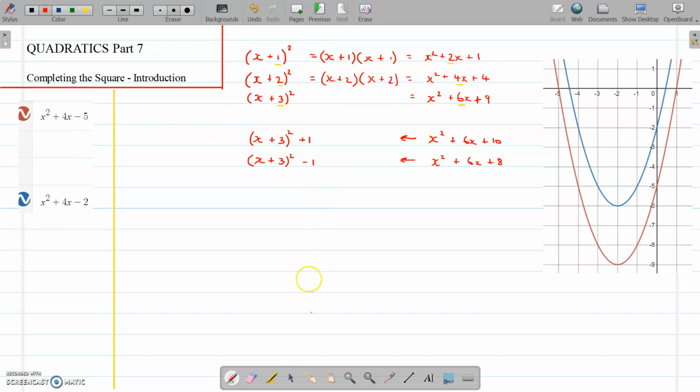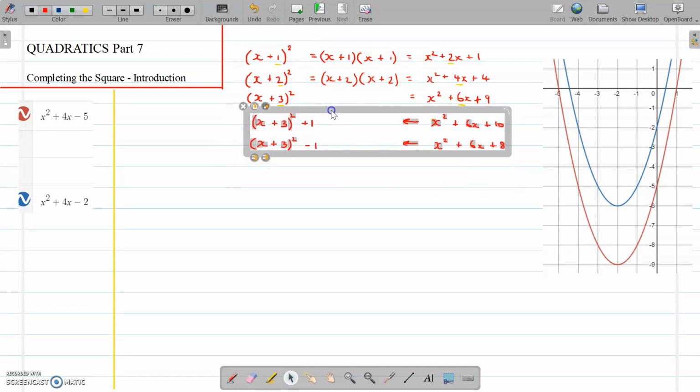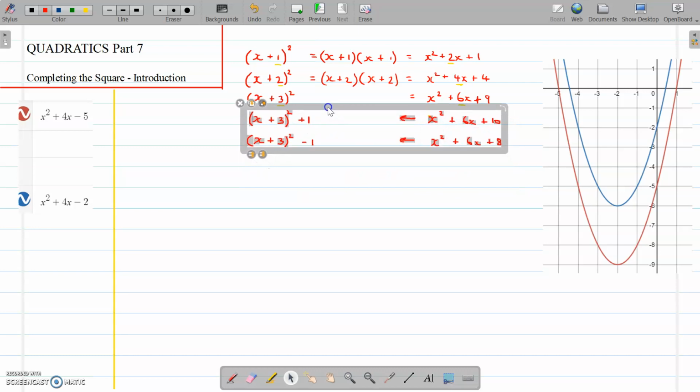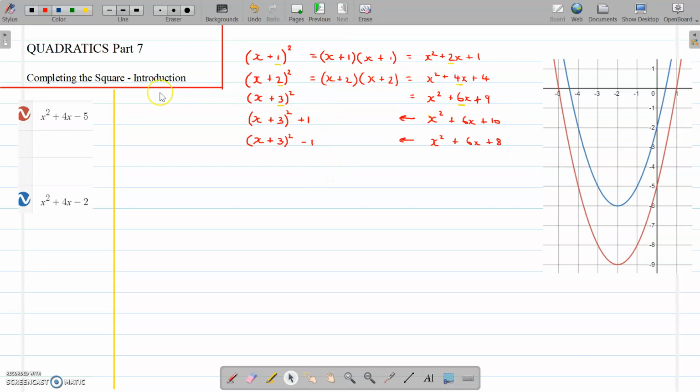Well, I'll show you. Let's start by taking some of this stuff out of the way, or at least move it up out of the way, so I've got a bit more space. Now if we take this first example here in red, I shall write in red referring to this one, then I'll switch to blue when I come to the other one.